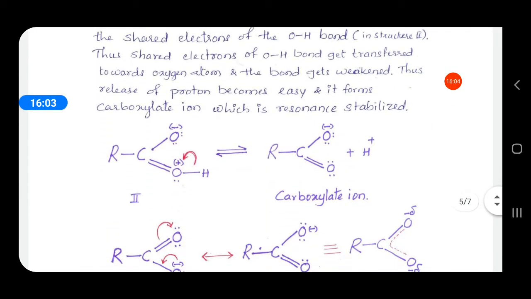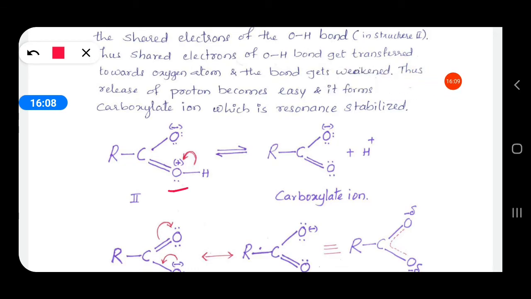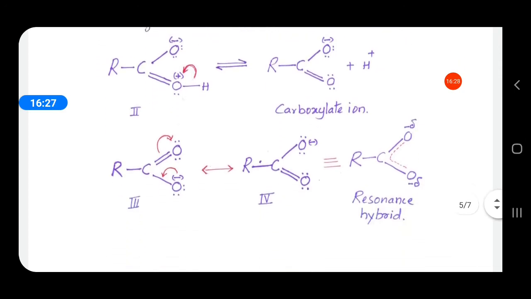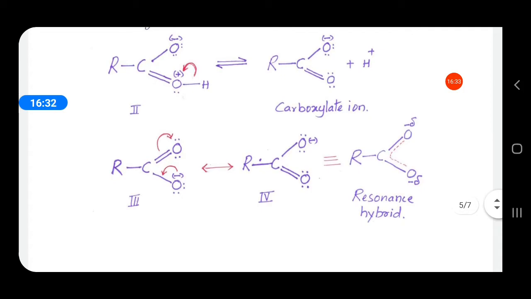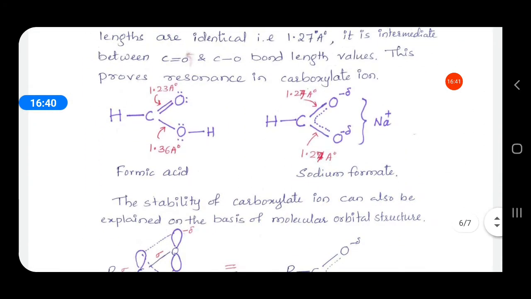But carboxylate ion is formed easily because the oxygen is positive in charge, so that it attracts the OH bond electrons towards itself. So the release of this H plus becomes easy, so that H plus is released and carboxylate ion is formed, and that carboxylate ion can be resonance stabilized. By forming the resonance hybrid, the carboxylate ion is stabilized, and due to that it gives H plus easily, so it behaves as an acid.